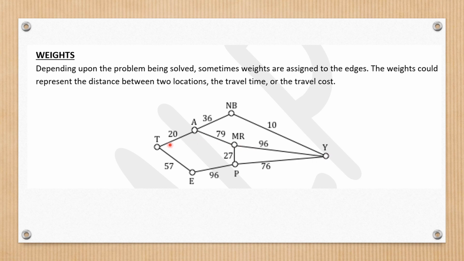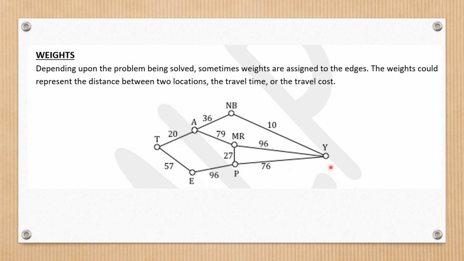So we have T, A, N, B, Y, M, R, P, and E. I think these are places. And then these numbers on the edges are represented by maybe travel time or travel cost. It can be travel time, it can be travel cost. So that is the function of the weights. These numbers on the edges are the weights.